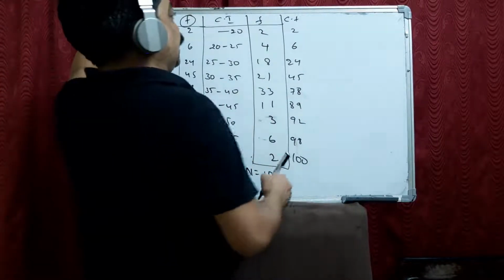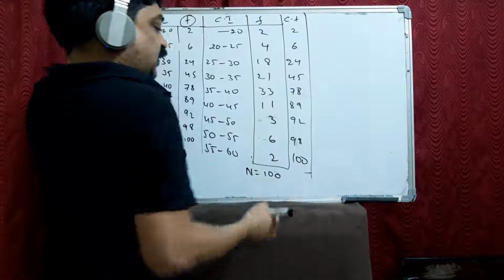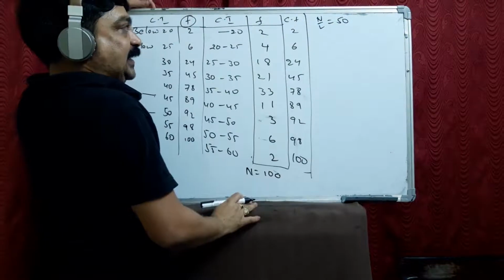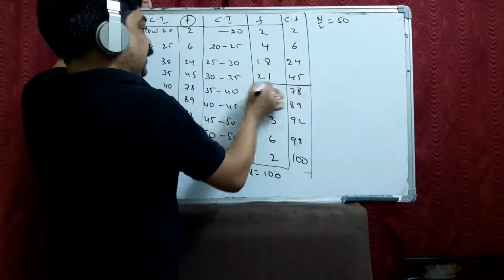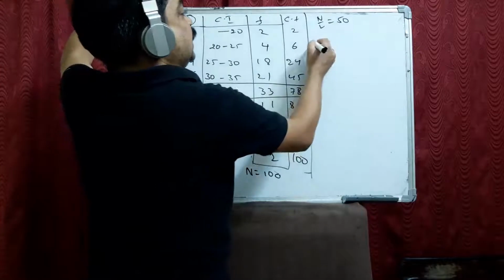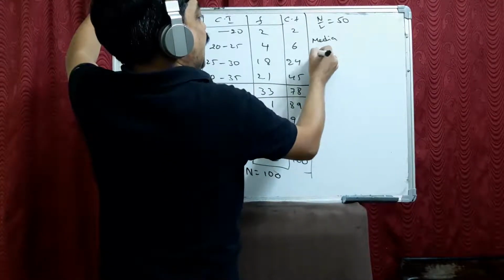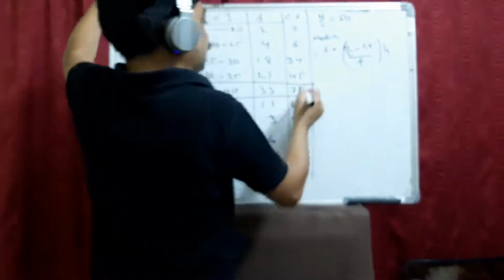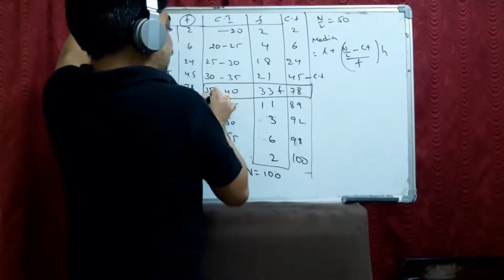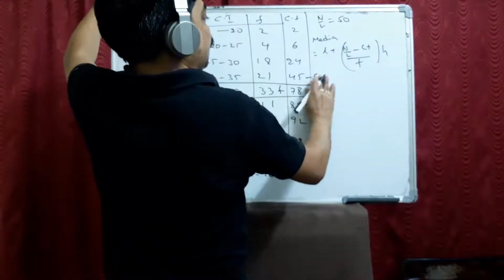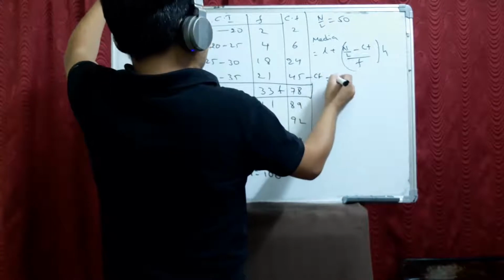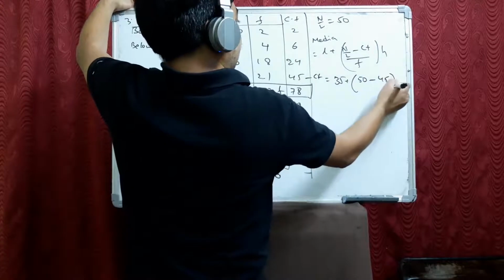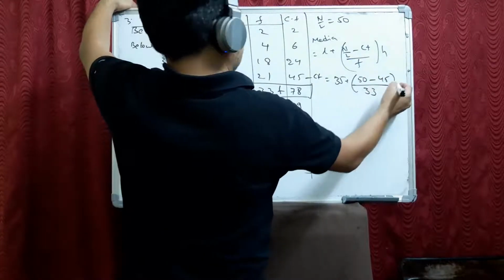Okay. Now let us find out the median class. What is n by 2? N by 2 is 50. Where is it crossing 50 in the cumulative frequency? It is crossing 50 here. So we take this as the median class. So median is equal to L plus n by 2 minus Cf by F into H. This will be Cf, this will be F, this will be L. Now, L is 35 plus n by 2, 50 minus 45, by F. F is 33, into H is 5.